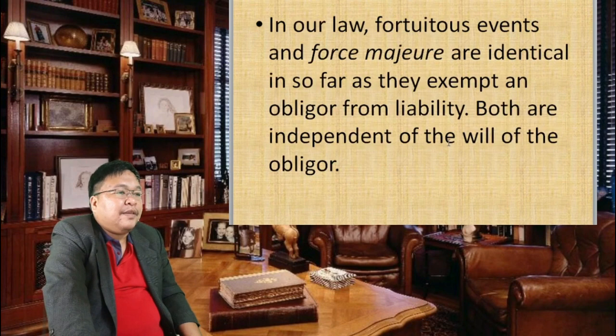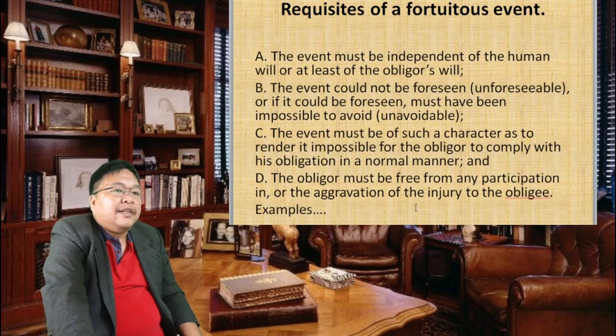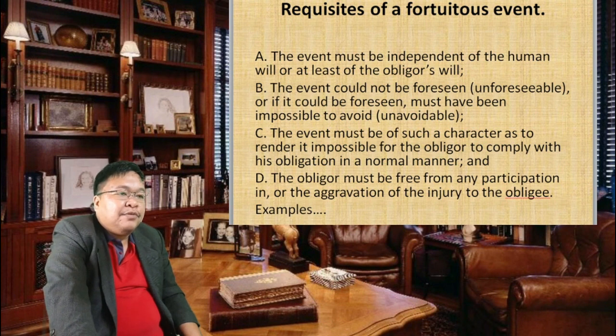Okay, we proceed. Now, what are the requisites of a fortuitous event? The event must be independent of the human will or at least of the obligor's will. And B, the event could not be foreseen or it could be foreseen, which must have been impossible to avoid. Okay?